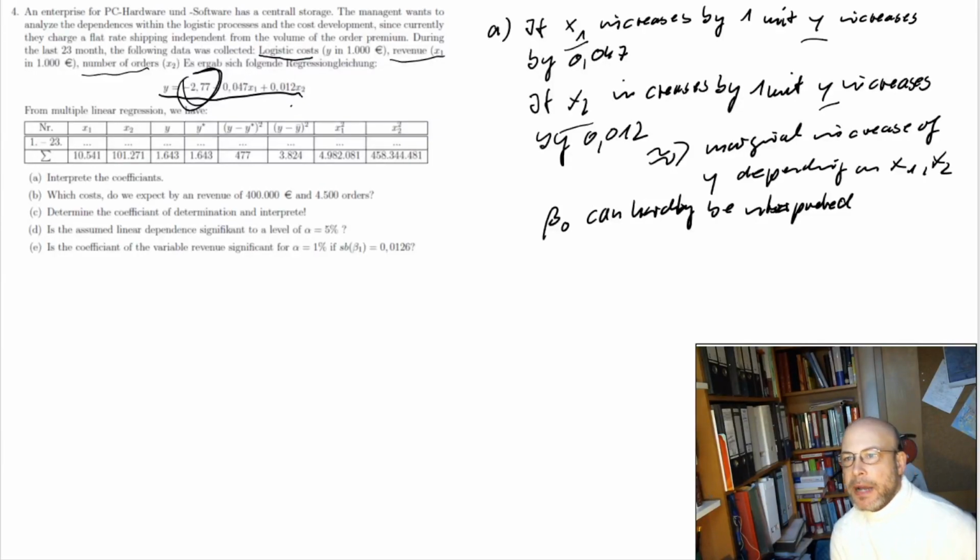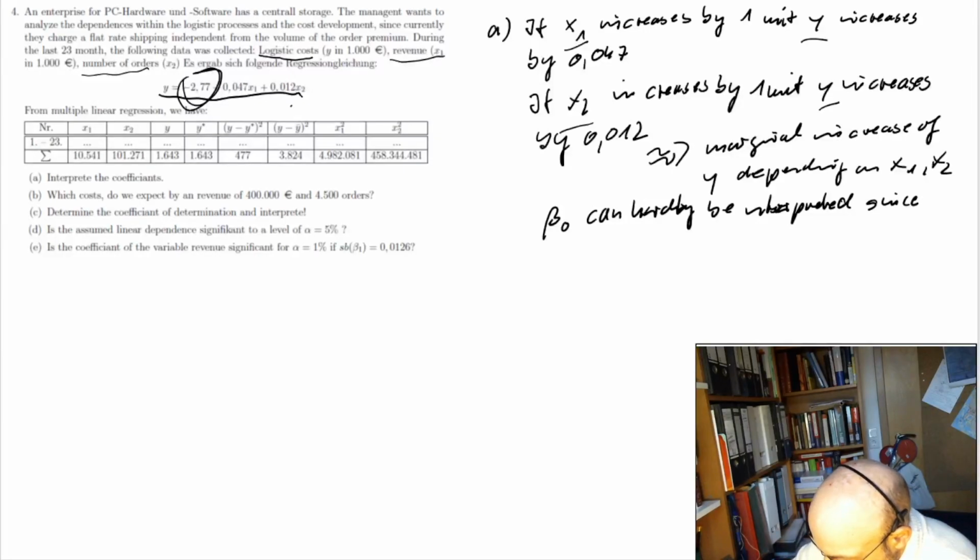And this you have quite often, that the coefficient beta 0, you have to keep in mind that quite often this cannot be interpreted in an economic way, since beta 0 is smaller than 0.